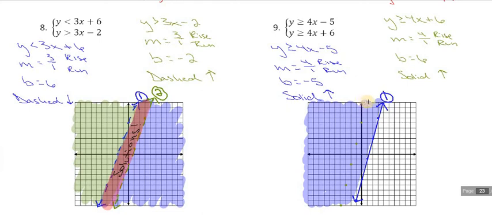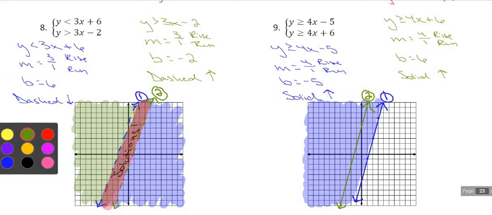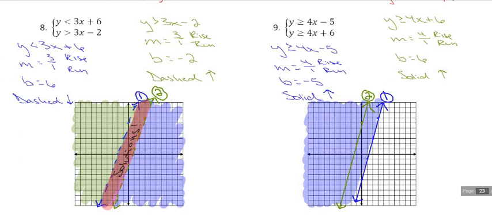So we will draw that with, you should be using your straight edges at home. This boundary line continues forever in both directions. That is number 2. And we're going to shade above that one as well, so I'm shading up here.